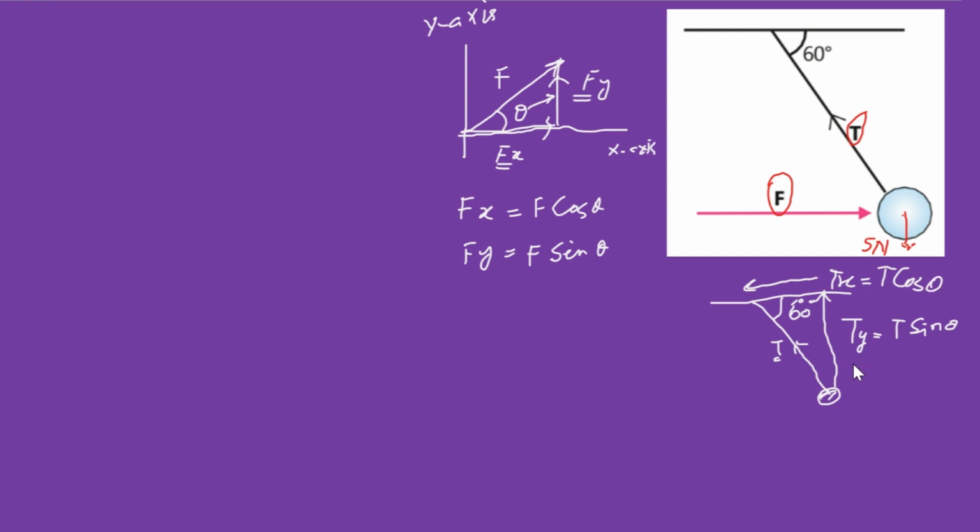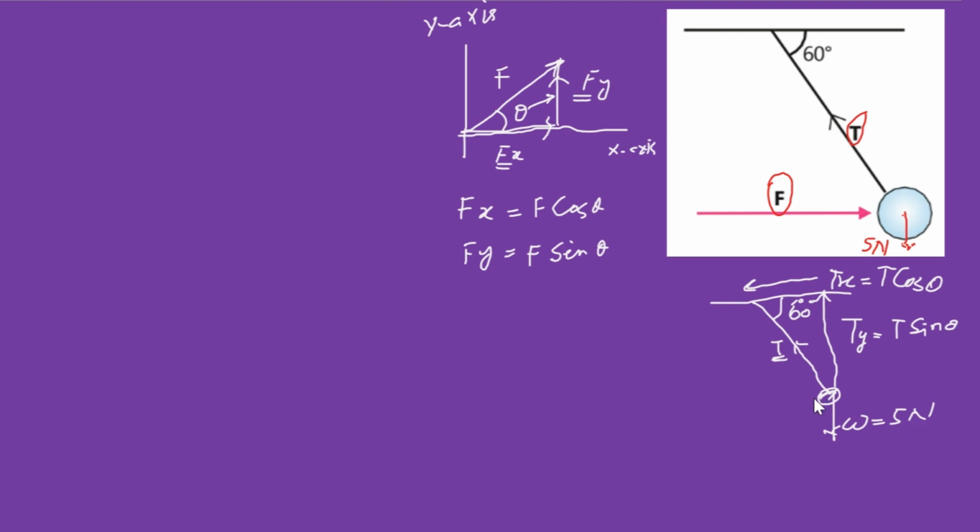This vertical component Ty or T sin theta is balanced by the weight of the ball. The weight of the ball is 5 Newton, acting vertically downward, and the component of the tension Ty or T sin theta is acting in the upward direction.